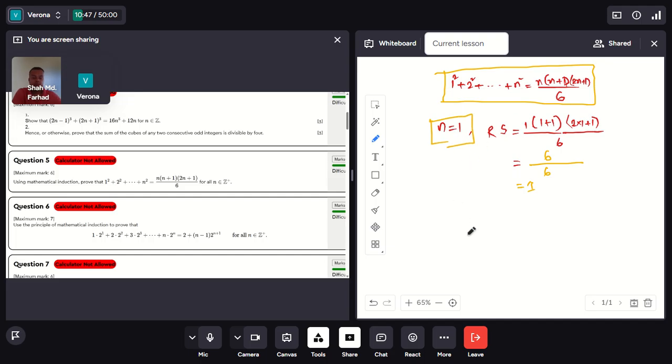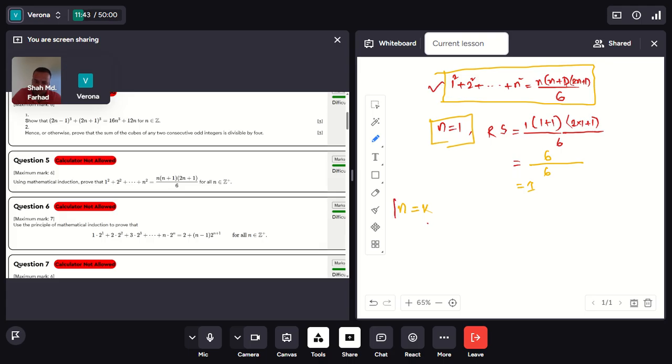Now if we substitute n by k, then at first in the mathematical induction process, we can assume that for n equals 1, the given equation is right.